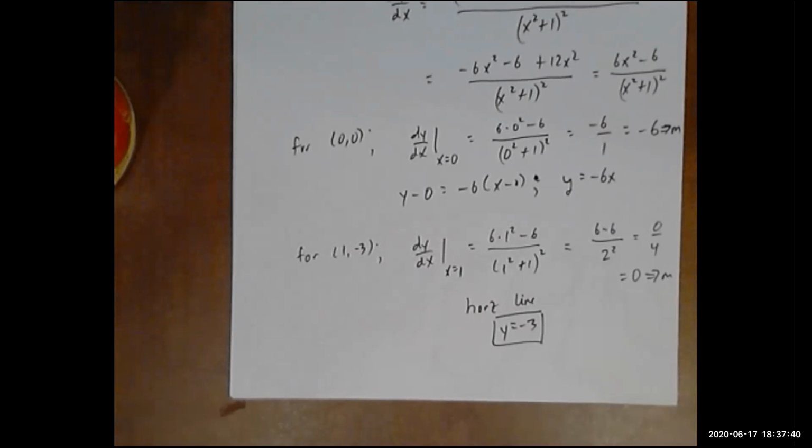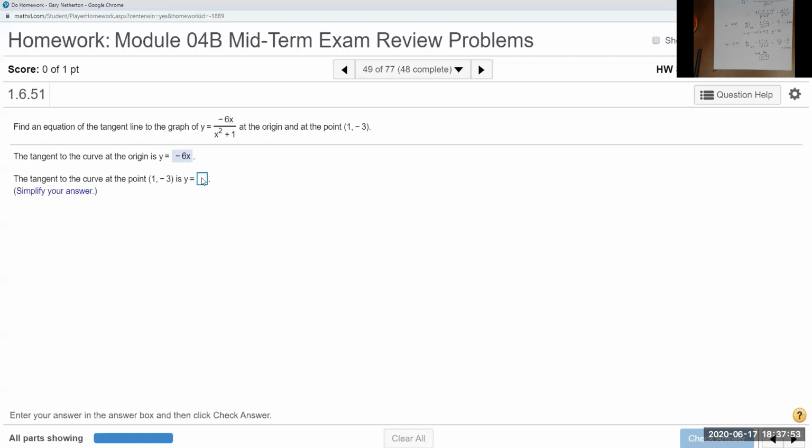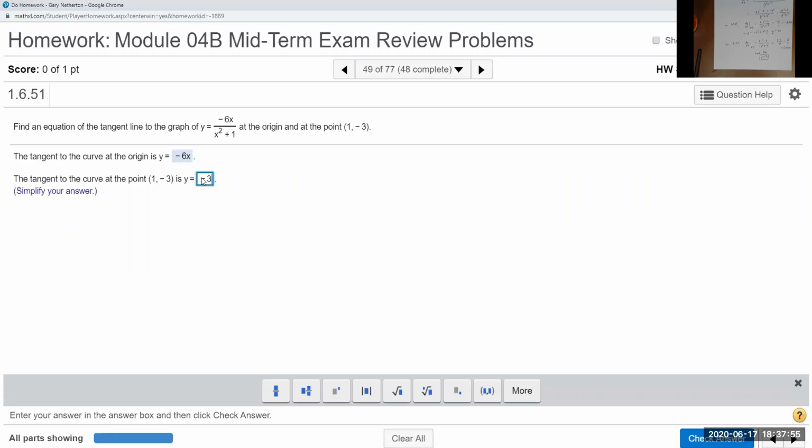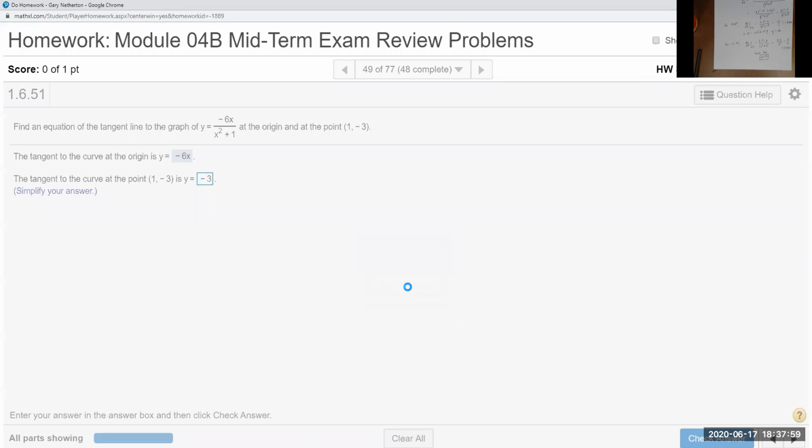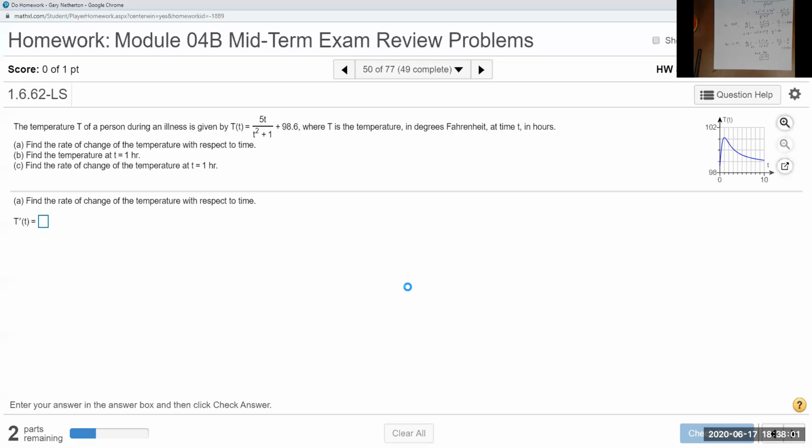So the tangent line for that second point should be y equals negative 3. All right, that's good. So that was actually a problem we've done before.